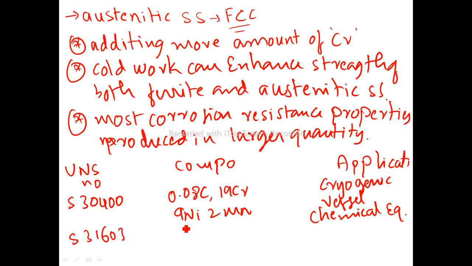The main ingredient is a very small quantity of carbon, but 17% of chromium is added, 12% of nickel, 2.5% of molybdenum, and 2% of manganese. And the main application is welding constructions.